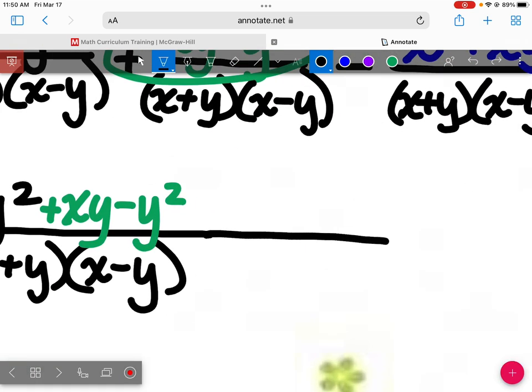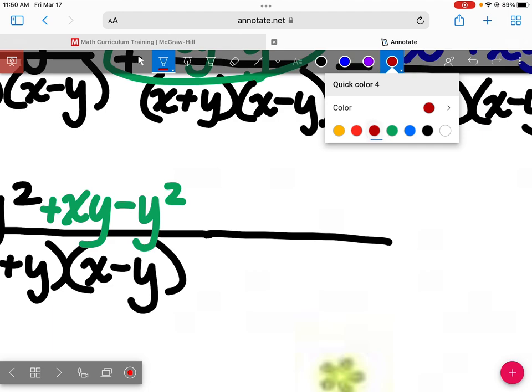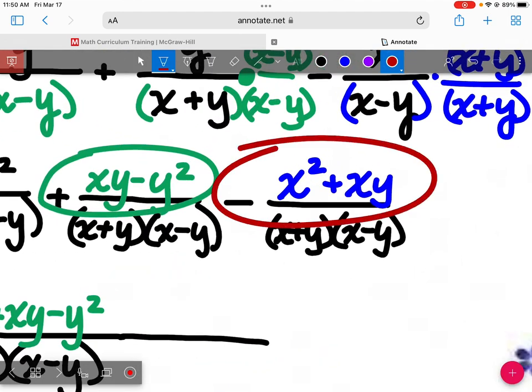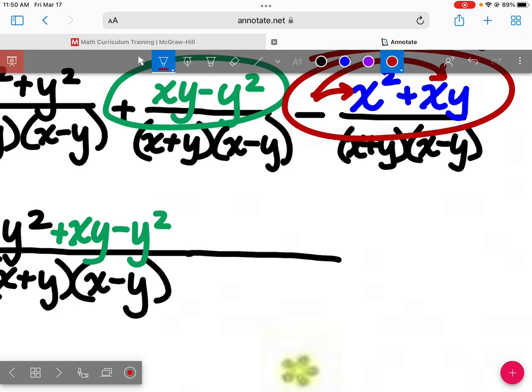What do I have to watch out for with this last fraction, this last numerator? Back here. It's right after a minus, right? So I'm subtracting x squared, and I'm subtracting xy.